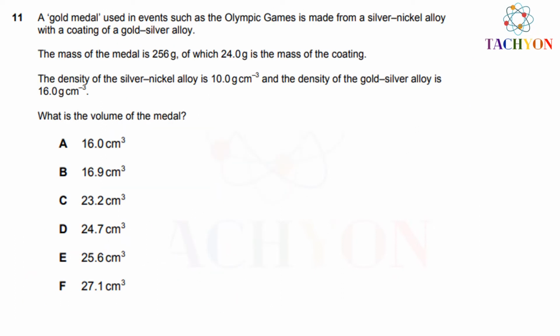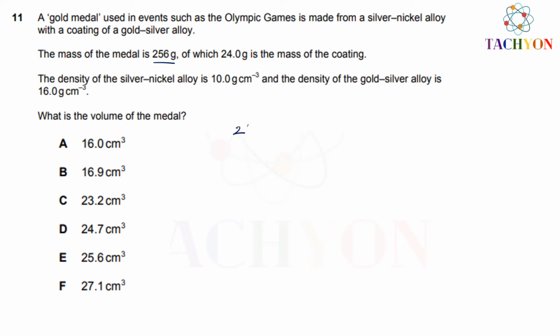Next question. A gold medal used in events such as the Olympic Games is made from a silver nickel alloy with a coating of gold silver alloy. The mass of the medal is 256 gram, of which 24 gram is the mass of the coating.